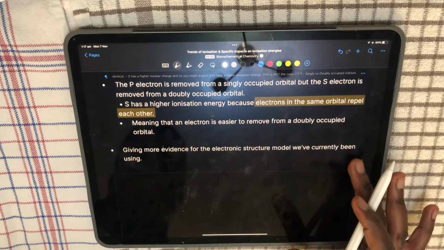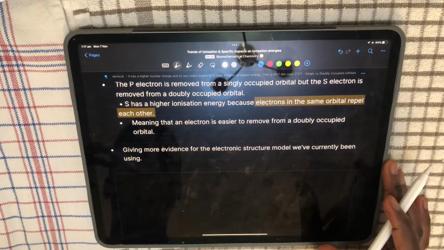This gives more evidence for the electronic structure model that we've currently been using.